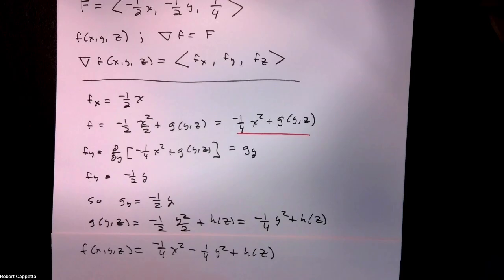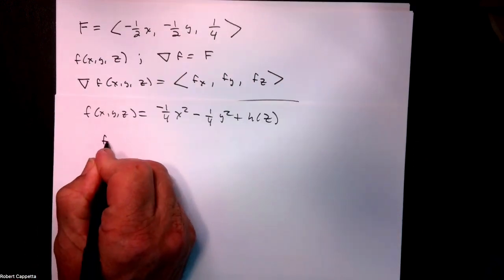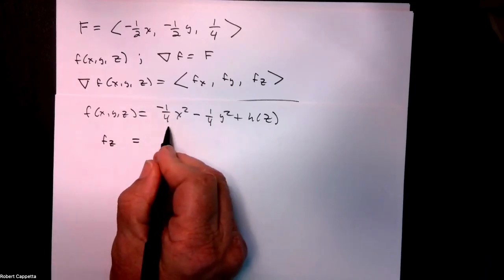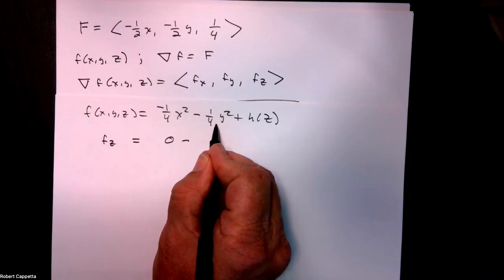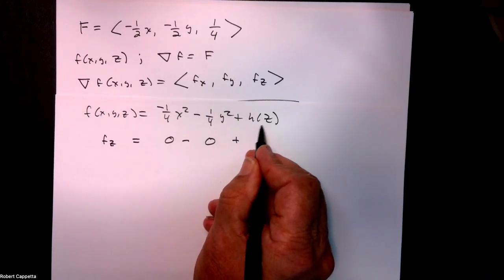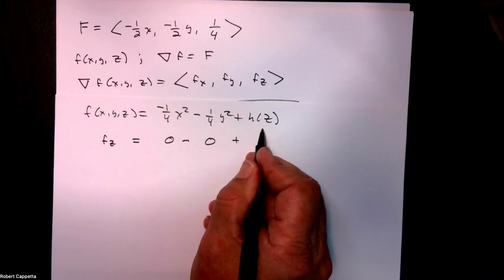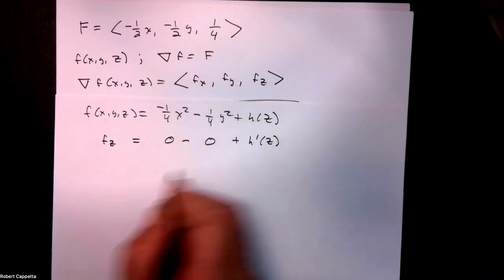We're going to want to go ahead and take the partial derivative of this with respect to z. So let's do that. So here's where we are. So f sub z, the partial derivative with respect to z of this piece is 0, minus the partial derivative with respect to this piece is 0. The partial derivative of h of z, that is just a function of z, so the partial derivative of a single variable thing is just the derivative of that.